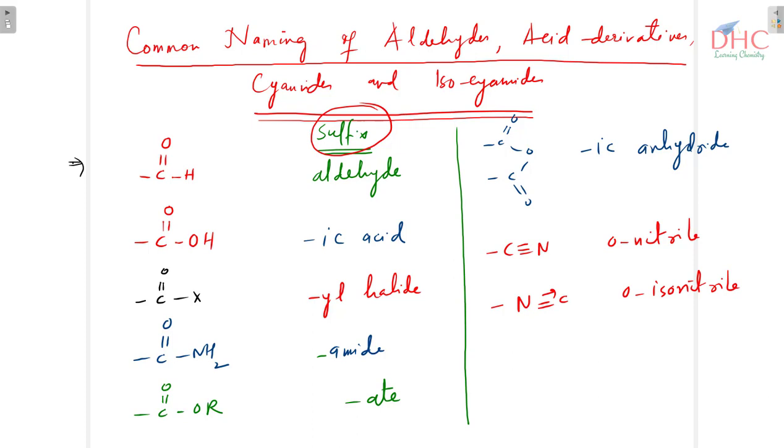So we will now switch on to prefixes. So what are the prefixes of these compounds? If we have carbon number 1, if we have only one carbon in a compound, then the prefix will be form. So once we have only one carbon atom in a molecule, then you will use prefix form.